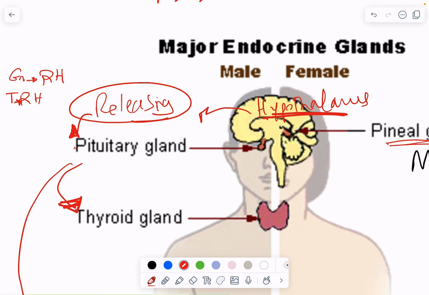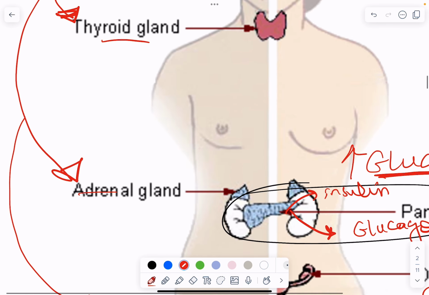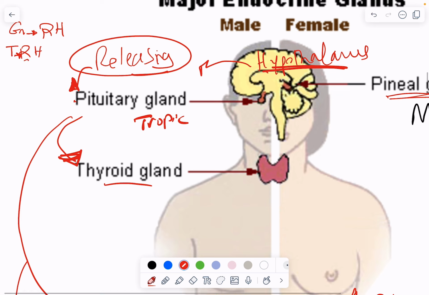Now, the pituitary gland also produces similar hormones called tropic hormones, and these stimulate the end organs like the thyroid or the adrenals to secrete the final functioning hormones. So the tropic hormone of the TRH is TSH. The tropic hormones of GnRH are FSH and LH from the pituitary.